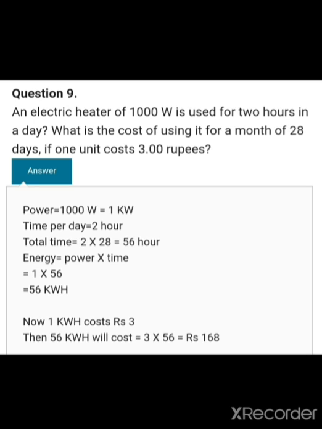So energy is equal to 56 kilowatt hour. Now the cost of 1 kilowatt hour, 1 kilowatt hour means 1 unit. So the cost of 1 unit is equal to rupees 3. So if we multiply the whole by 3, we will get the total cost. That is equal to rupees 168.